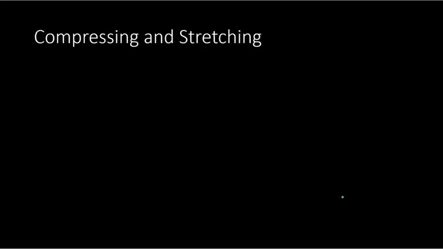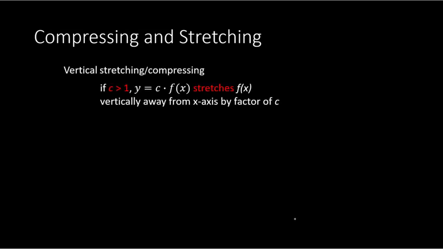Now another thing with graphs is we can compress or stretch a graph or a function. So we have vertical stretching and compressing, and we also have horizontal stretching and compressing. For vertical stretching or compressing, what we're doing is we take the function and multiply it by some number.